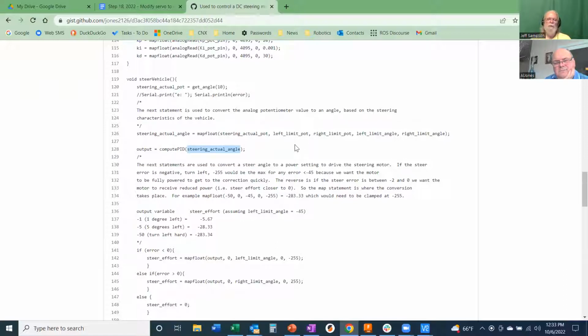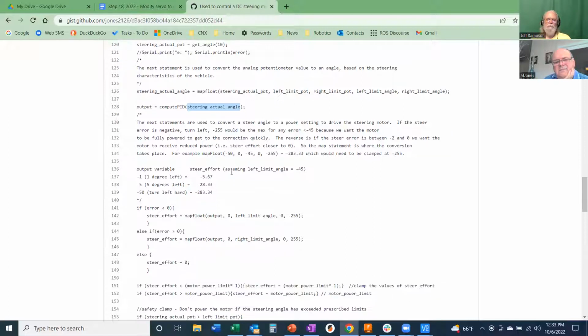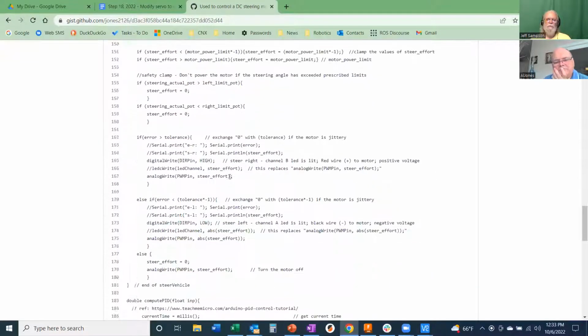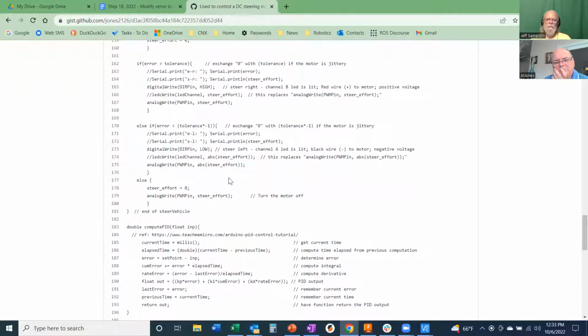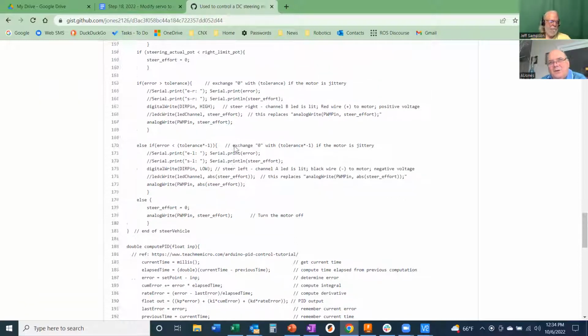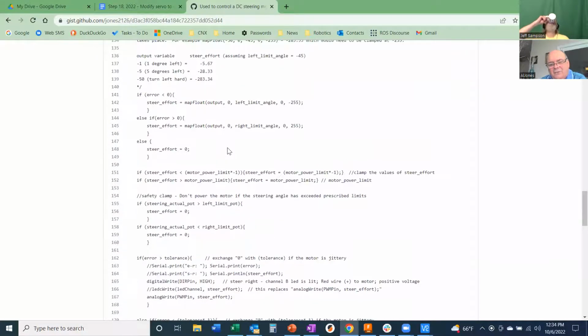So right there on that line where it says output equals compute PID, output is what you're going to use as your power value. Output is what I'm going to use as the power value.